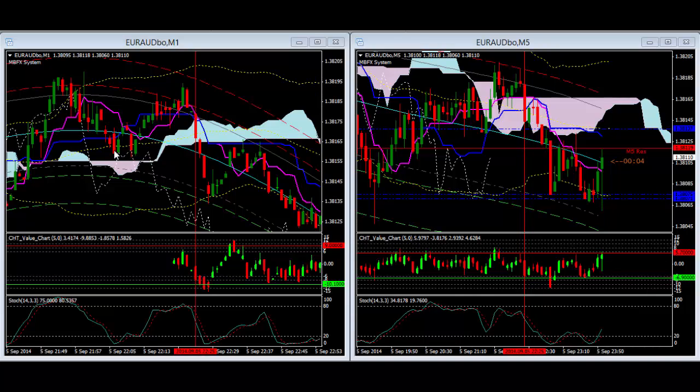First things first, indicators. Many of you will recognize these indicators anyway. I have Ichimoku on my chart, and then this regression channel.